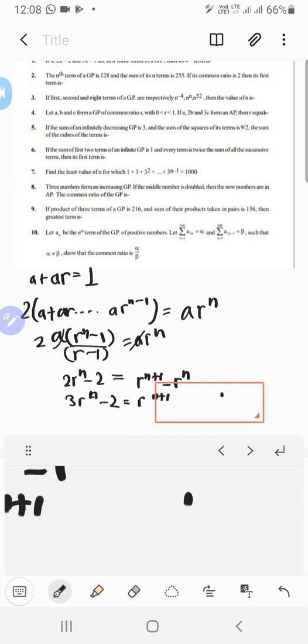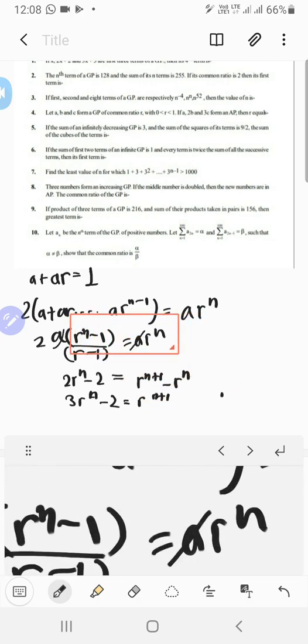Well, no, that would just get cancelled. Okay, wait a second, if this works for all values of n, then why don't we try putting a value of n such that this gets simplified a lot. So let's put the value of n as 1. That would mean that 2 times a is equal to a.